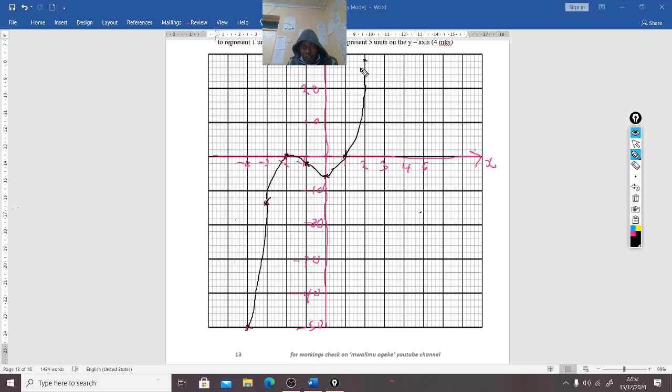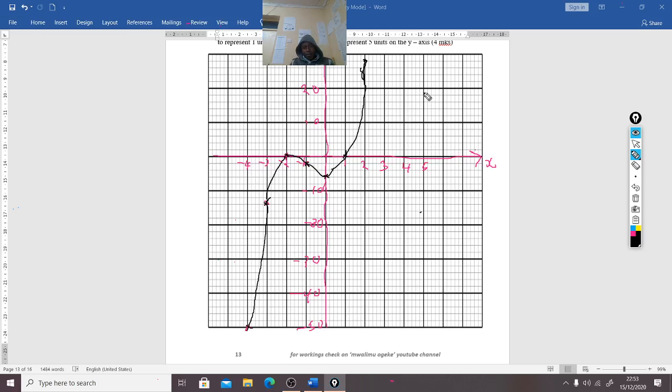It should be a smooth curve. It is a curve, so you make such a curve. Then from there, after drawing, you get your 4 marks.